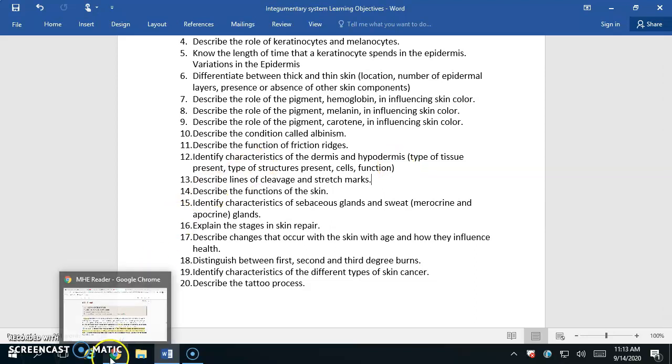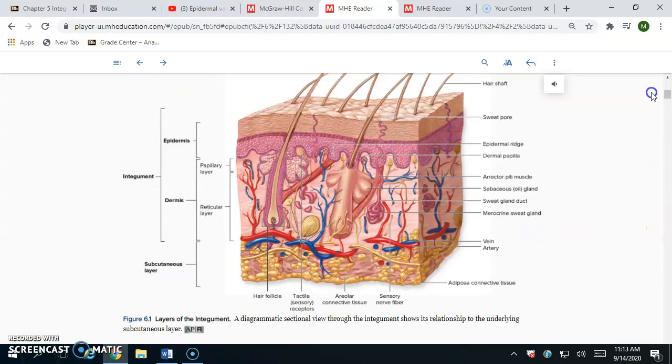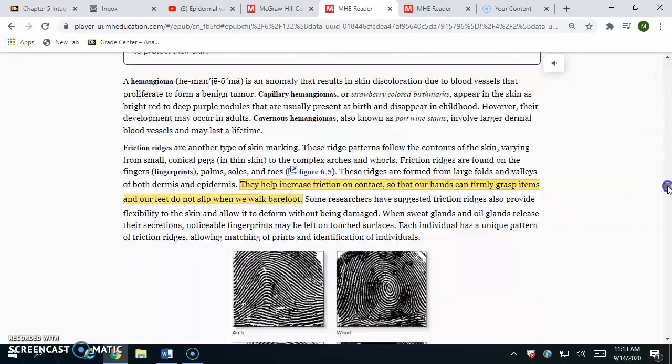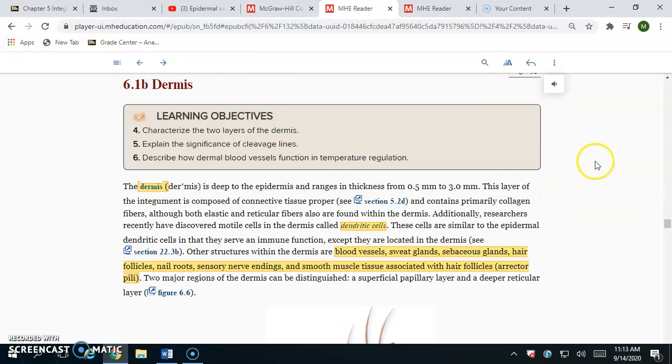All right, so let's go to our textbook. Recall that our dermis is below the epidermis, and it's this layer here. So we're going to go down to our information on the dermis. The first thing we want to do is talk about what type of tissue is the primary tissue within the dermis.